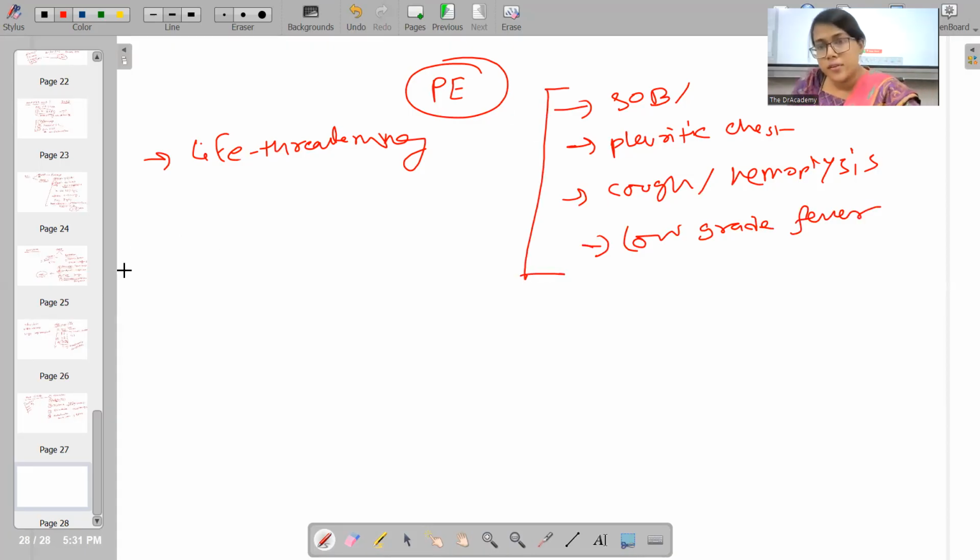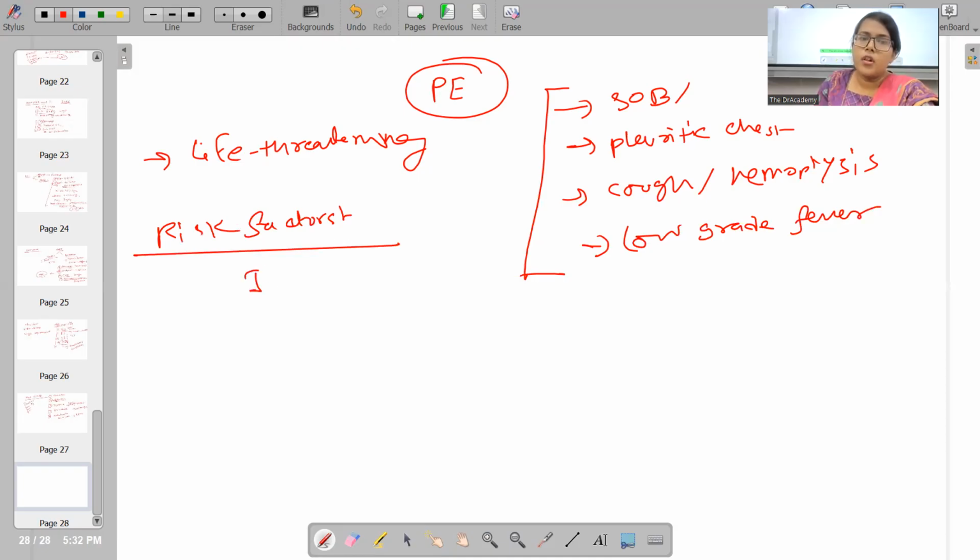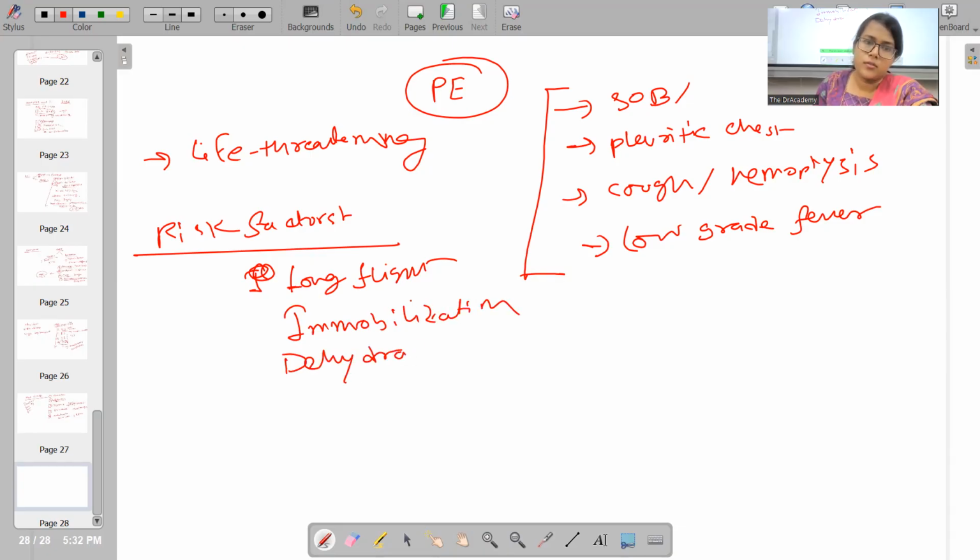So what are the risk factors for developing pulmonary embolism? Risk factors. Number 1, long haul flight, okay, long flight. Number 2, immobilization. Number 3, dehydration. Any underlying malignancy.